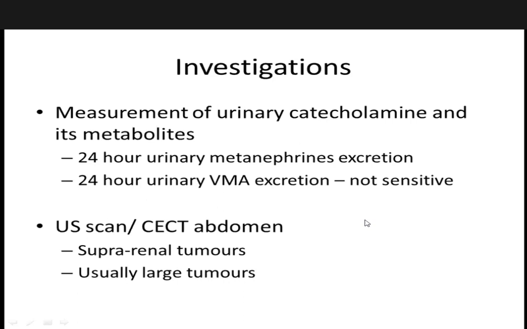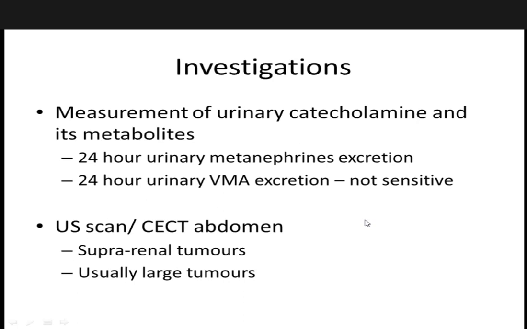So nowadays, what we do is measurement of urinary metanephrine excretion. If someone asks you, this is the answer you should give: measurement of urinary catecholamine or 24-hour urinary metanephrine excretion.